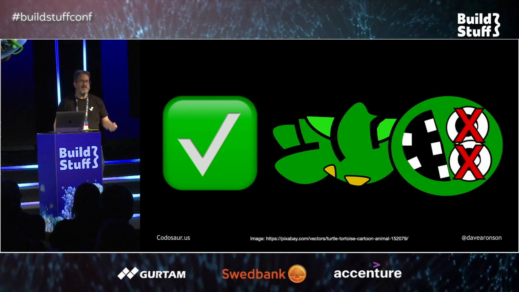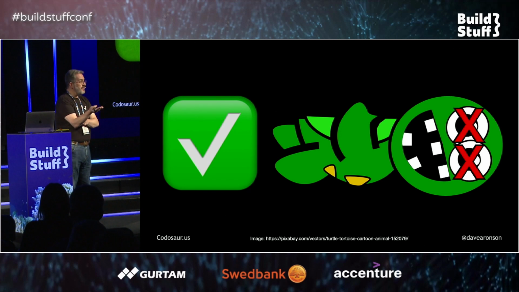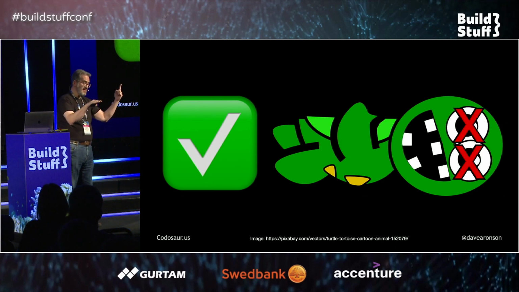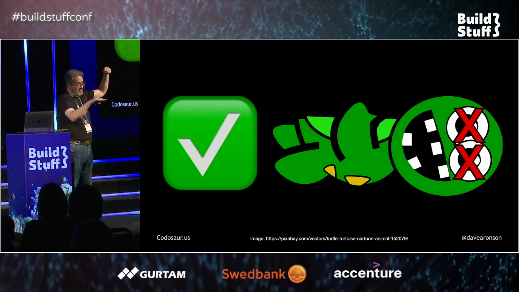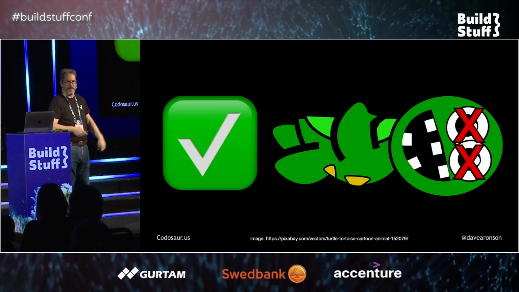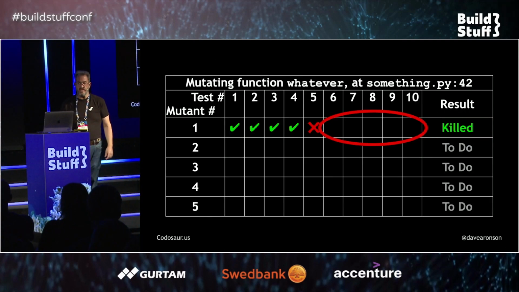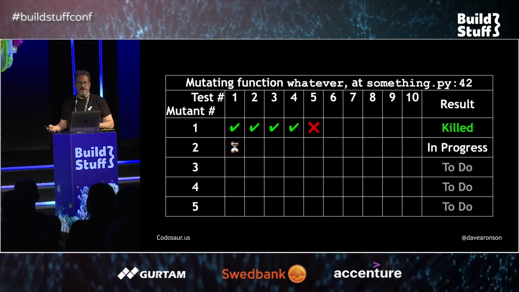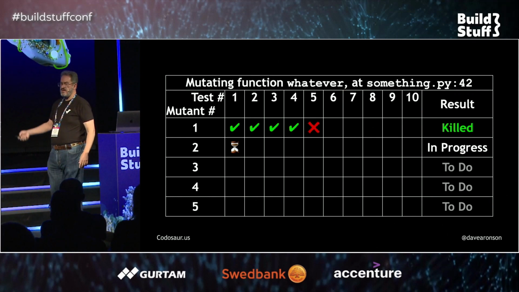It means that our code is meaningful enough that the tiny little change that the tool made in order to create this particular mutant did indeed make a noticeable difference in the code's behavior, and our test suite is strict enough that at least one test did indeed notice that change and failed. Then the tool will mark that mutant killed, stop running any more tests against it, and move on to the next one. Once a mutant has made one test fail, we don't care how many more it might make fail, like maybe some of those blank cells up there.